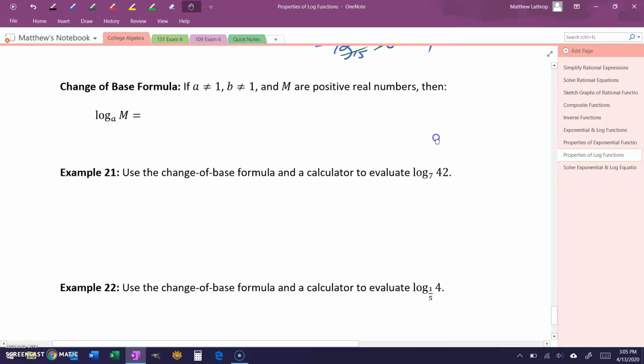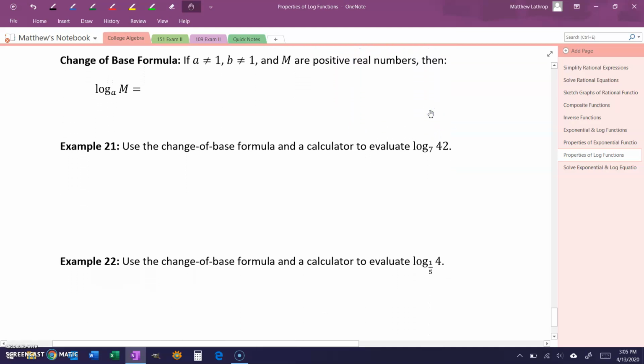We can also rely on our calculator to evaluate more log problems for us than what we've seen so far, using something called the change of base formula. As long as a and b aren't equal to 1, and m is some positive real number, we can rewrite the log base a of m as the log base b of m, meaning we can change that log to any base we want, but then we also have to divide by the log base b of whatever that original base was.